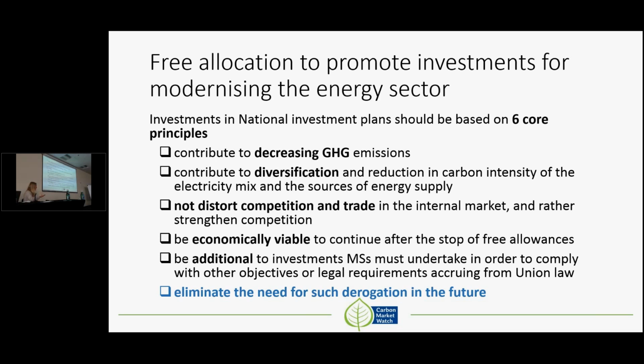But here we are again discussing what will be the Article 10C after 2020. So it will continue after 2020.